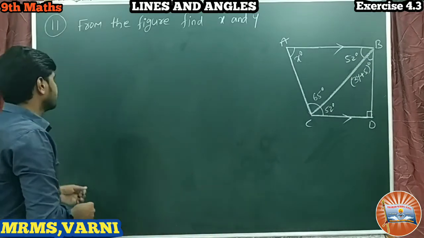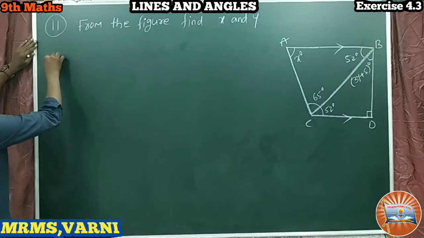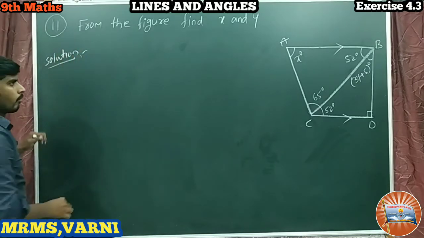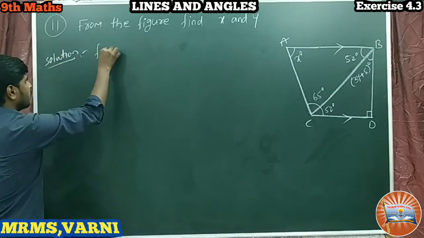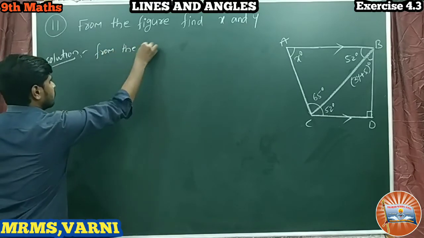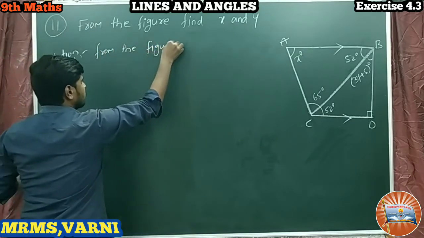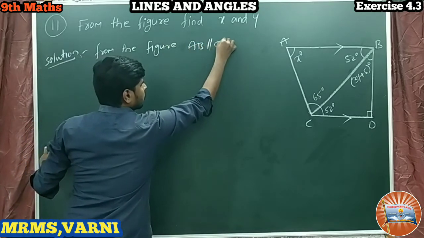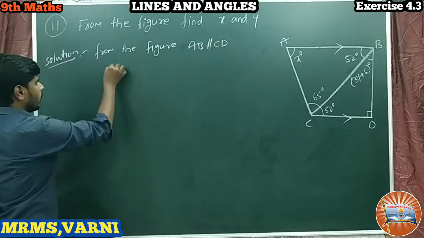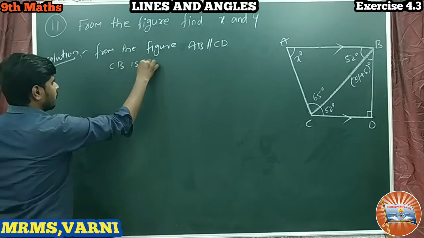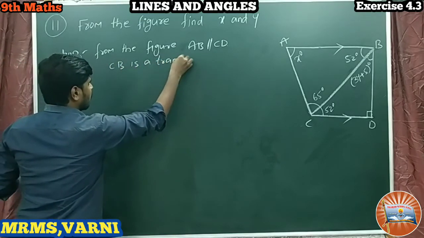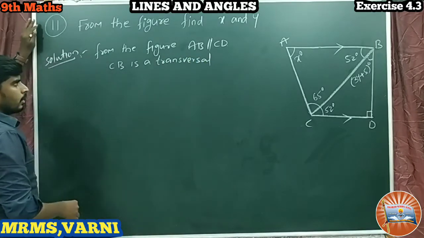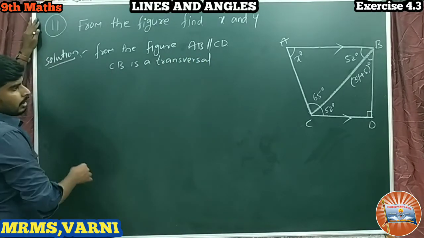Okay, right. Solution. So from the figure, AB is parallel to CD and CB is a transversal.